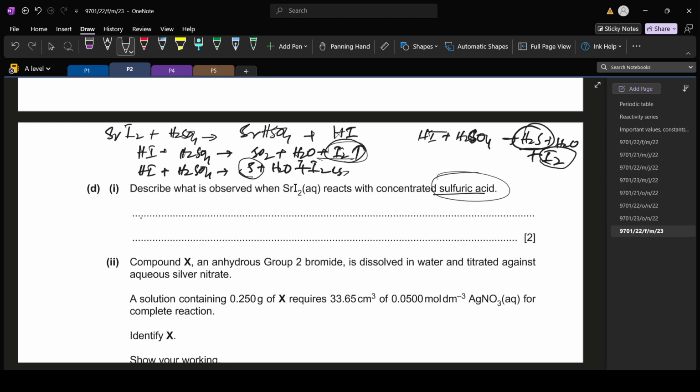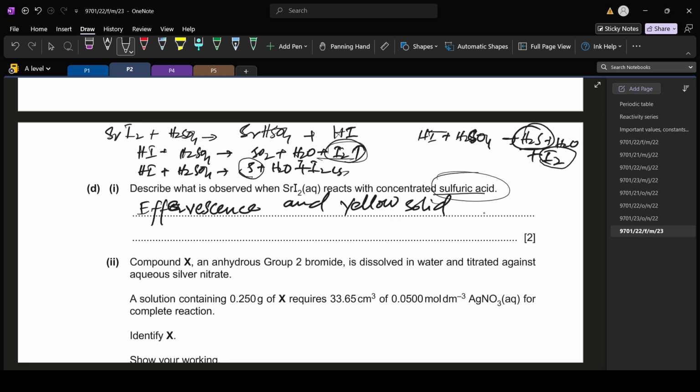Firstly you will see effervescence, and a yellow solid, since sulfur is a yellow solid.